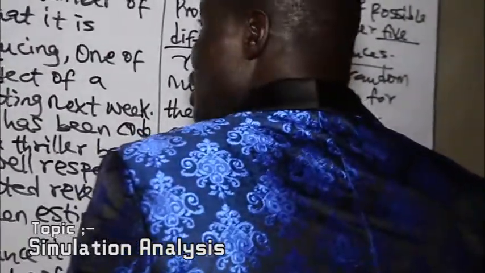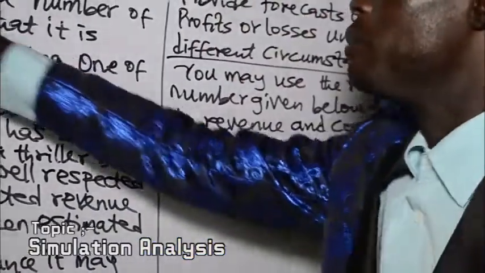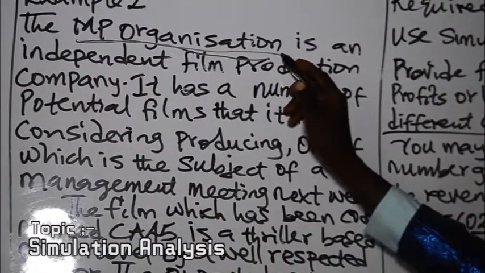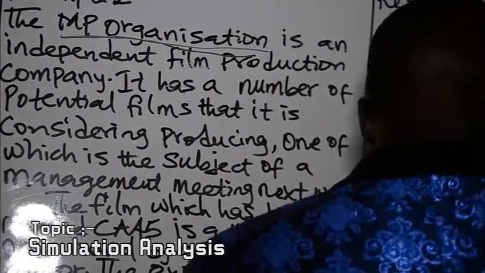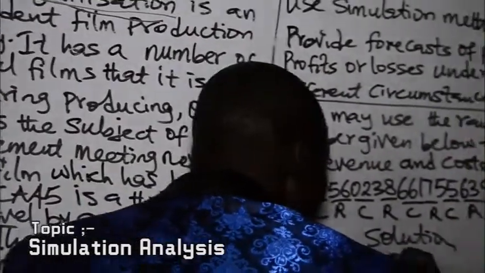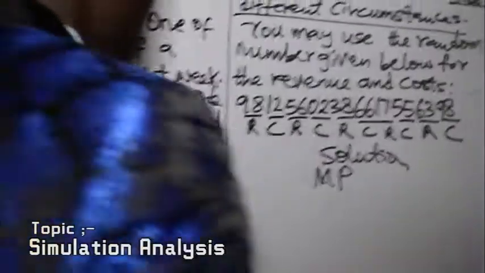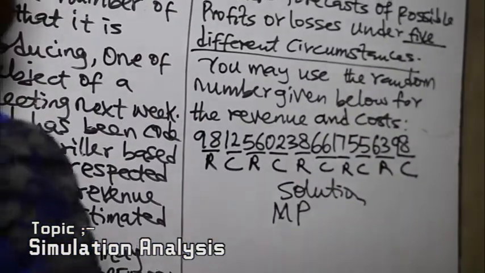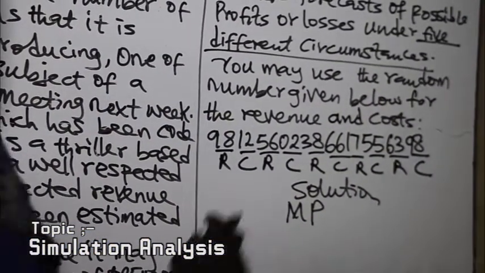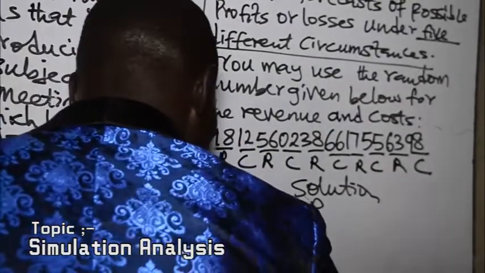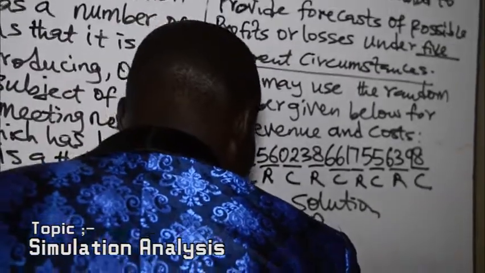The name of this entity is the MP organization. Now, let's simulate. Let's first of all determine our random numbers. Let's start with revenue.